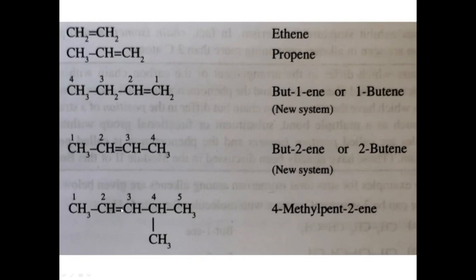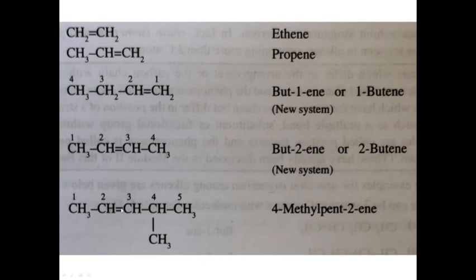CH3 CH CH3 CH double bond CH CH CH2 CH3 CH3. Okay, so in this case the longest hydrocarbon chain is, if we number like this only. Okay, we cannot number like this because this is the longest hydrocarbon chain, so this methyl group is a substituent. Okay, so there are 2 methyl groups as substituents on the second carbon atom and also on the 5th carbon atom.